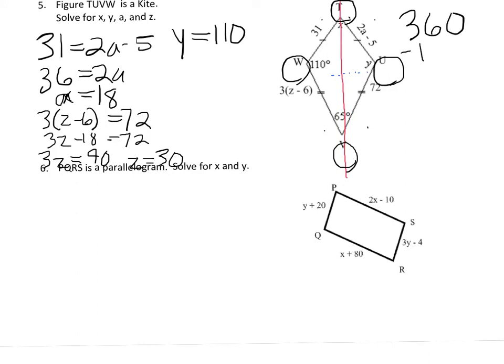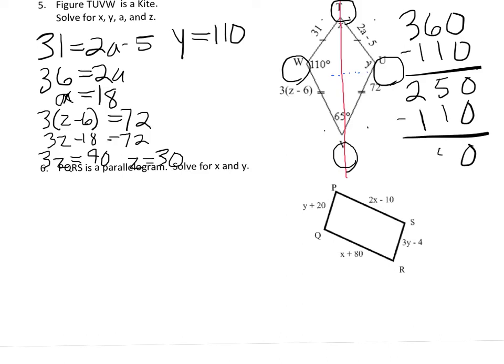I already have 110 taken away, so I'm going to take that away right away. 250. Take another 110 away for the measure of angle u. Take away 65. And that is what I'm left with for angle x, or I guess angle t, variable x.